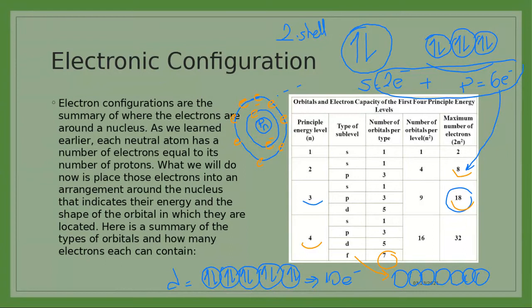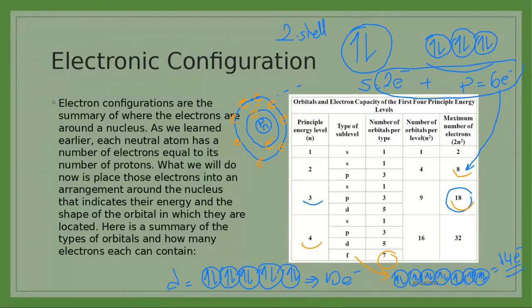We write the electrons here: 1, 2, 3, 4, 5, 6, 7, 8, 9, 10, 11, 12, 13, and 14. This is the 14 electrons, the maximum for the f orbitals. This is the electronic configuration actually, a summary of where the electrons are around a nucleus.